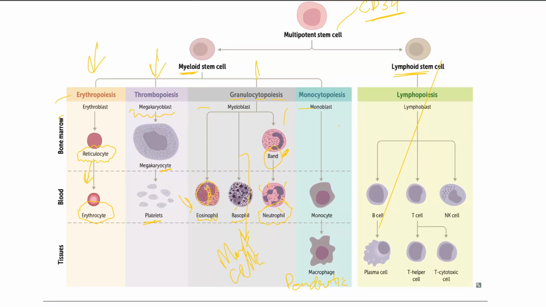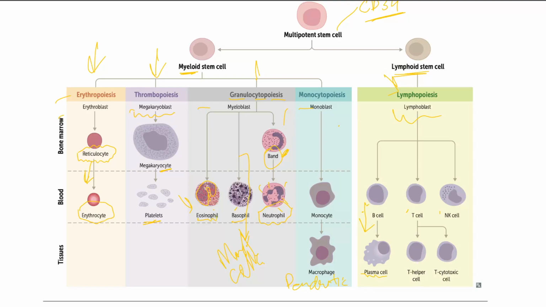Now let's talk about the lymphoid cells. In lymphopoiesis, the lymphoblasts are going to convert into the B cells, the T cells, and natural killer cells. B cells will form plasma cells.